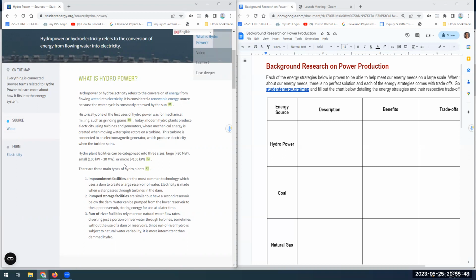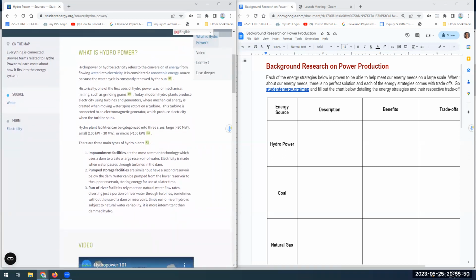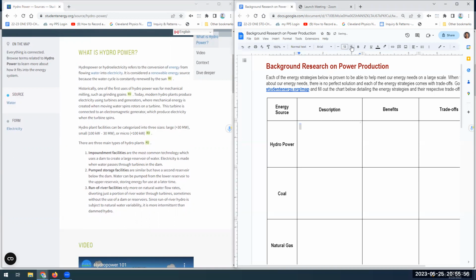Okay, and there's more information here about the size of the power plants. That's not so significant. So over here on the description, to summarize those paragraphs, I could write something like this.